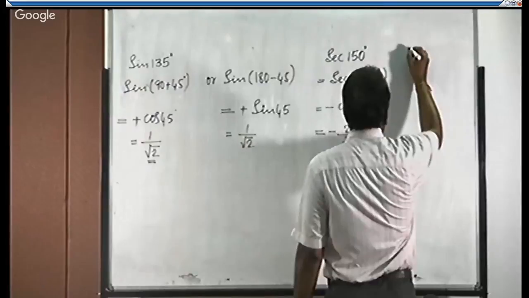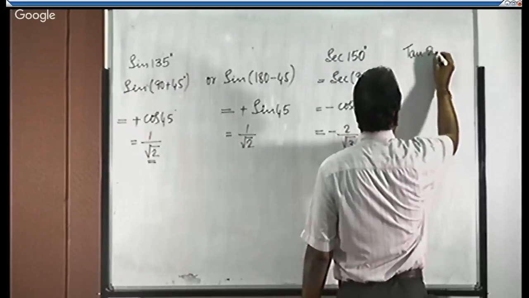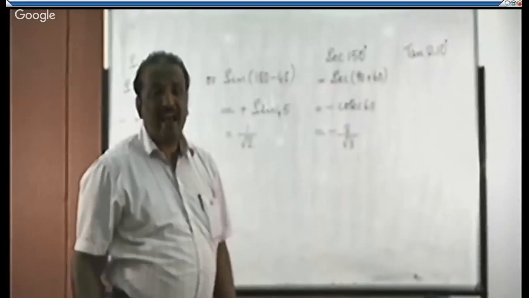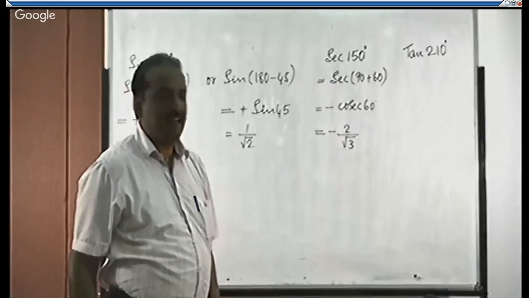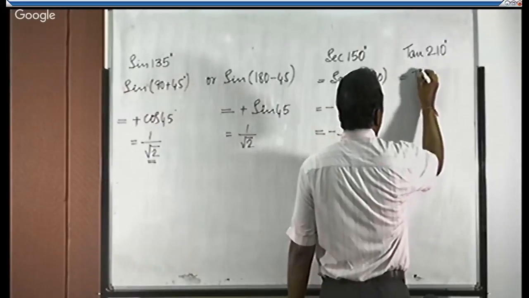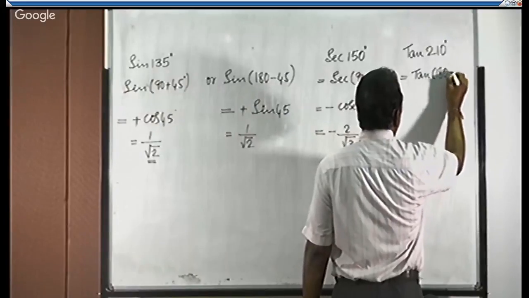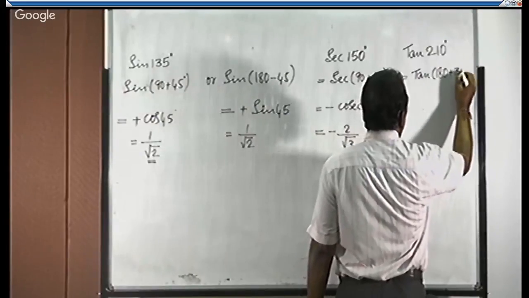Then find the value of tan of 210 degree. Like the previous convention, you can write tan of 210 degree as 180 plus something because it is greater than 180 degree.